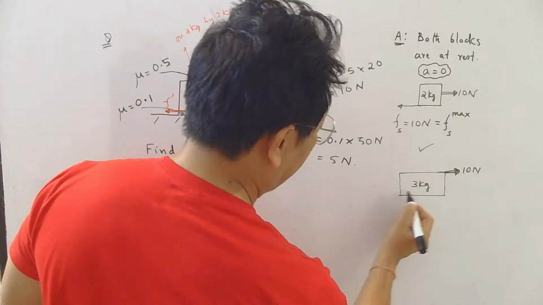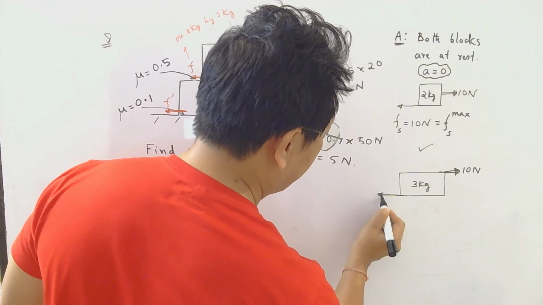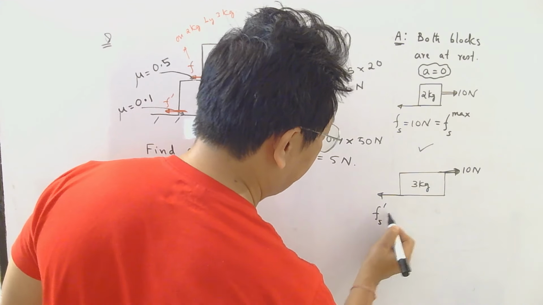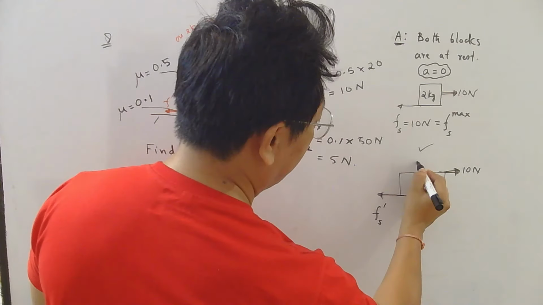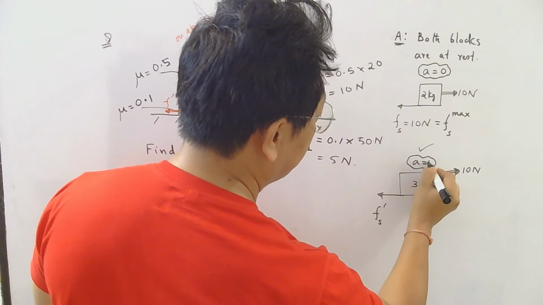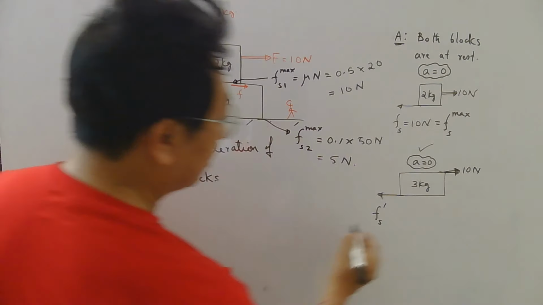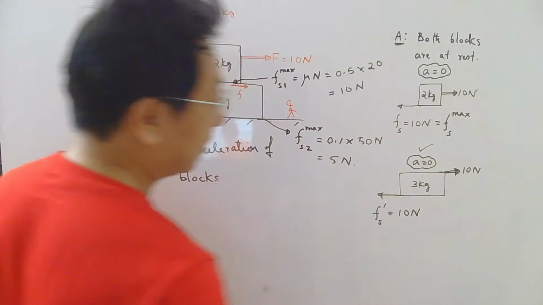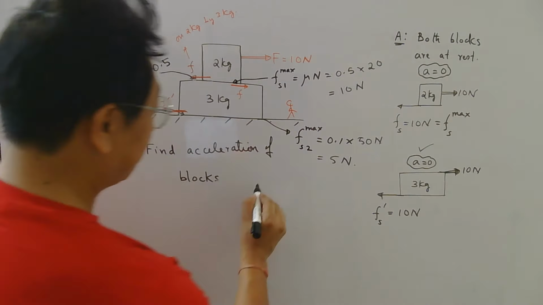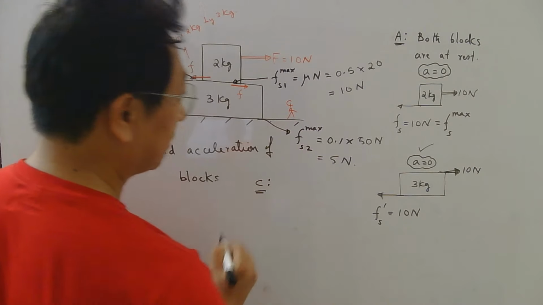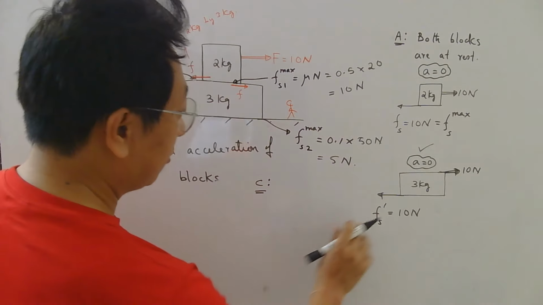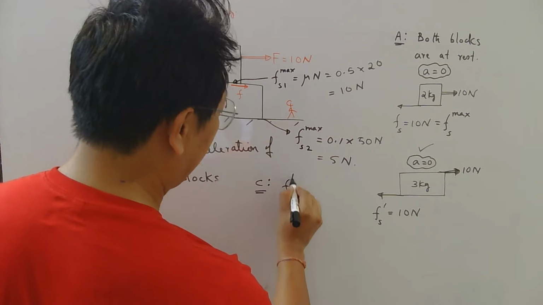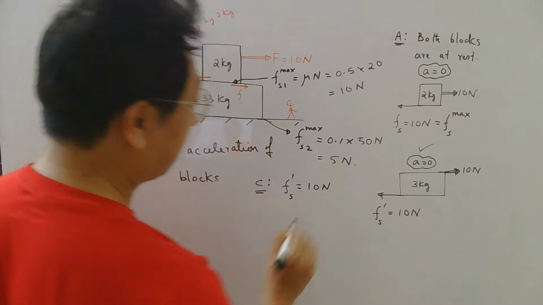So to keep this balanced, how much friction do you need here? Fs dash, let me call it. Since this is also not moving in my first assumption, acceleration is 0. So static friction here should balance 10 Newton. Now checking. Here this was possible. Now the static friction at the lower surface is 10 Newton.